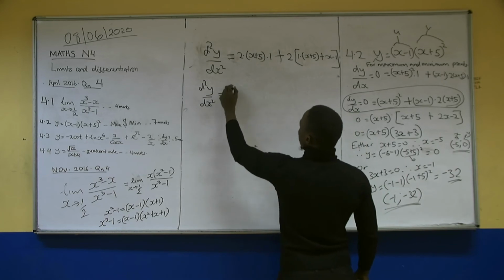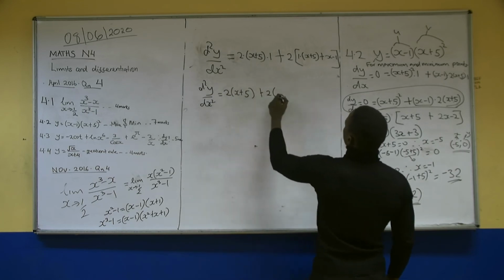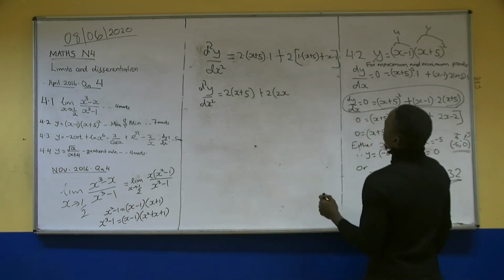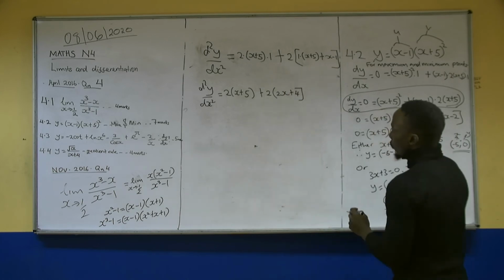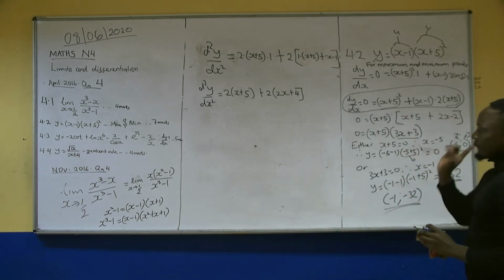Giving us 2 into (x plus 5) plus 2 into, if you add them here, we get 2x plus 4.